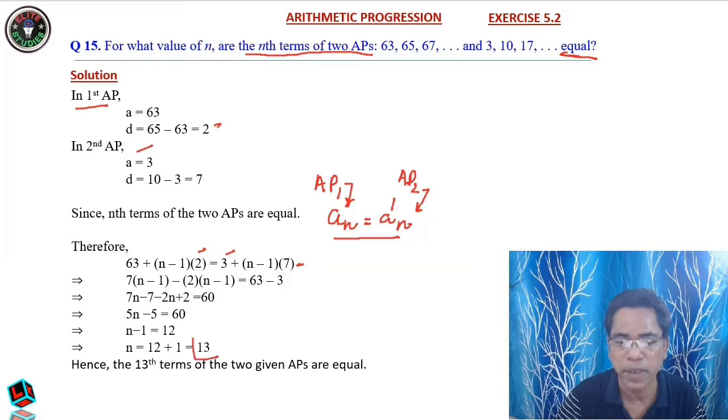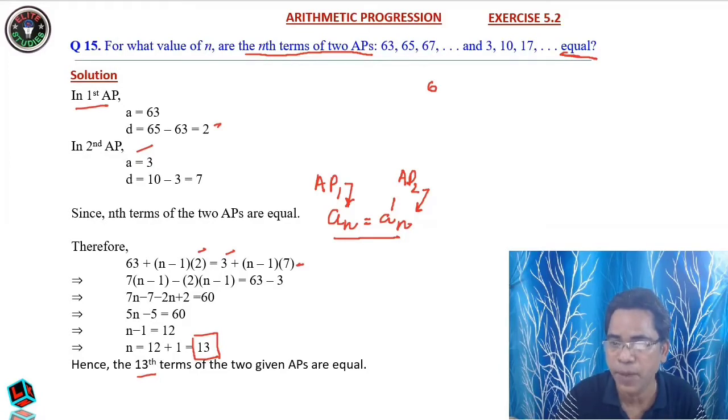Okay, dear students. This means for n is equal to 13, if you write 63, 65, 67, and go up to the 13th term, and similarly go up to the 13th term in the second AP, we will see that the values of these two APs will be the same.